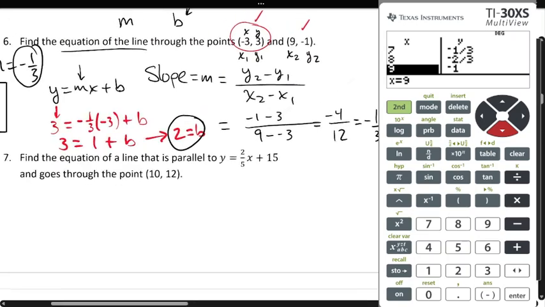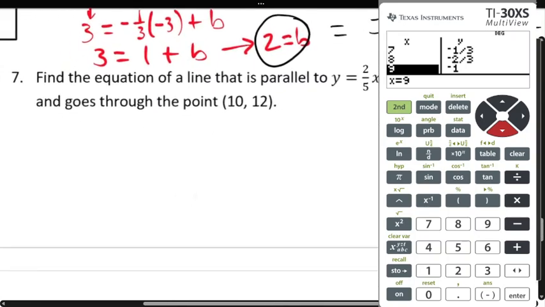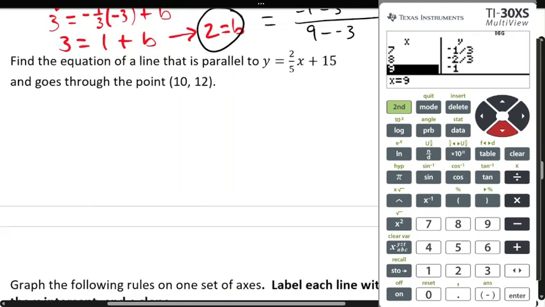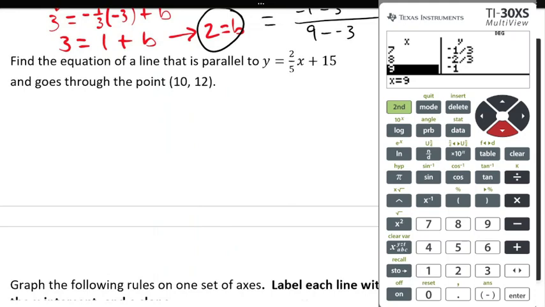All right, let's move down to question 7. It says, find the equation of a line that is parallel to y is equal to 2/5 x plus 15. So one of the things we remember is parallel and perpendicular lines.